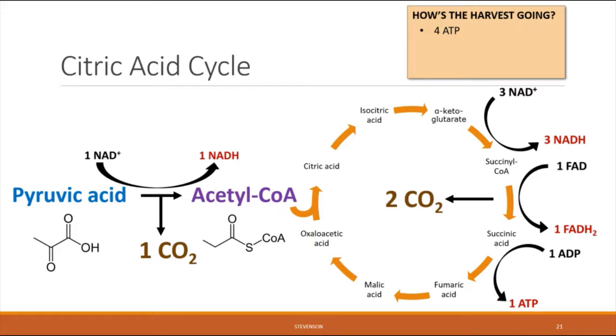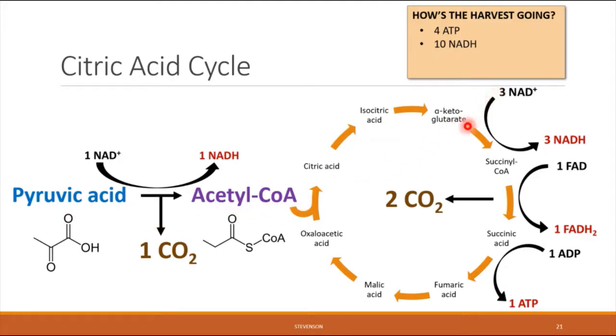We also have a running total of 10 NADH molecules, which probably sounds like a lot, but remember, 2 of those were made in glycolysis. Another 2 come from the initial step of converting pyruvic acid into acetyl-CoA, which happens twice because 2 pyruvic acids come from glycolysis.